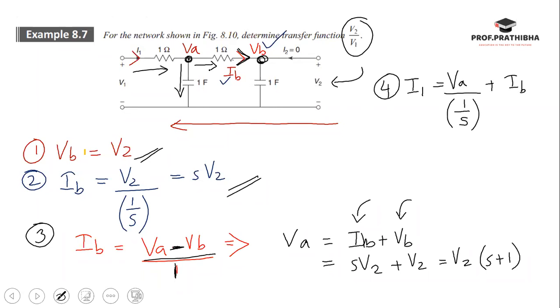So I1 is VA upon 1 by S plus IB. Please ask me if you have any doubts, because yes, we can say KCL, incoming current is equal to outgoing current. Okay, incoming current is equal to outgoing current. So I1 is equal to the current going through the 1 farad, which is VA upon 1/S, plus the current going through the 1 ohm, that is IB. So any doubt till now?